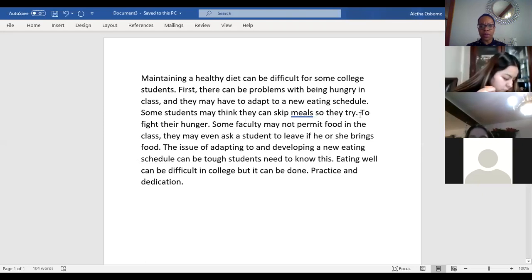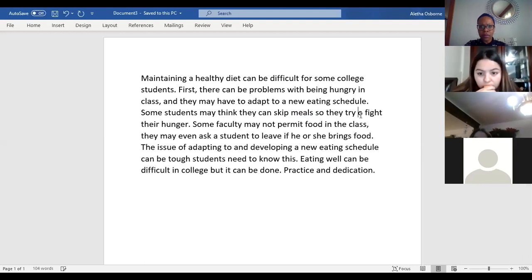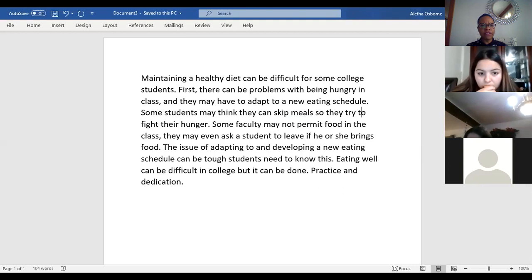Let's take this period out. So they try to fight their hunger. Now, even though we did fix that fragment, it's still a compound sentence, and we're going to talk a little bit more about compound sentences. So I've had to add my comma before "so." Some students may think they can skip meals, so they try to fight their hunger. So you guys see how we took that fragment and corrected that error.